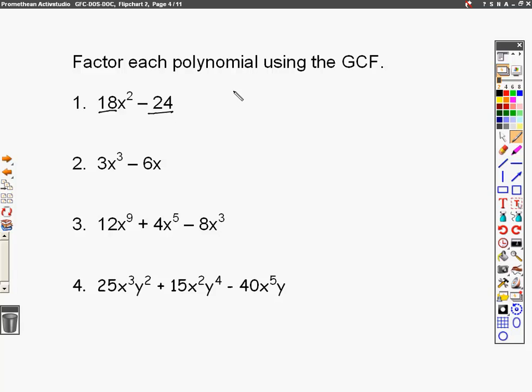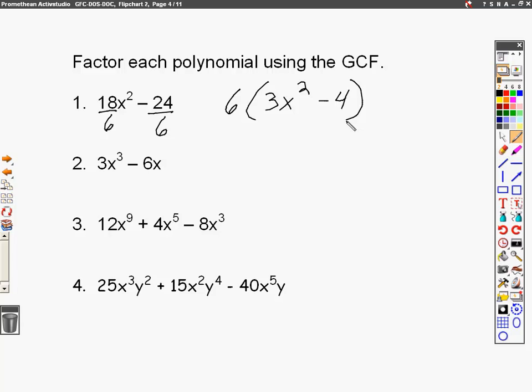Now, how you take out a 6 is you bring that 6 to the outside of the parentheses. Okay. And then to figure out what goes on the inside of the parentheses, you're actually going to divide each part by 6. 18 divided by 6 gives me 3x squared, and -24 divided by 6 gives me -4.